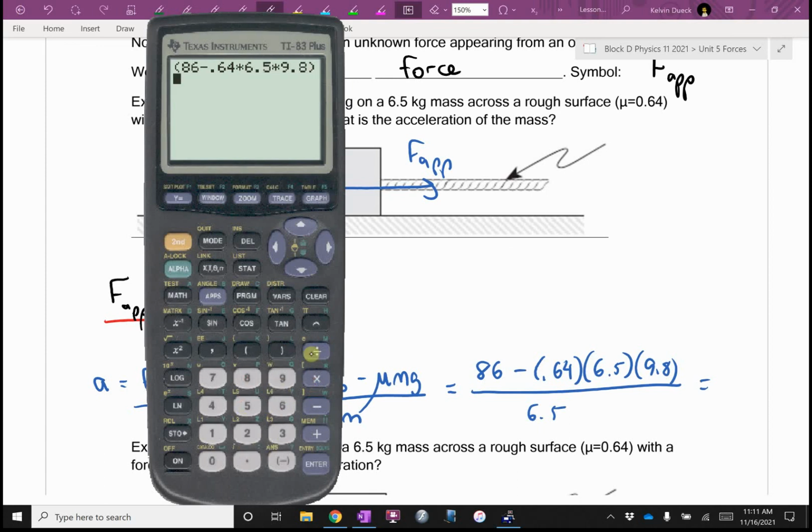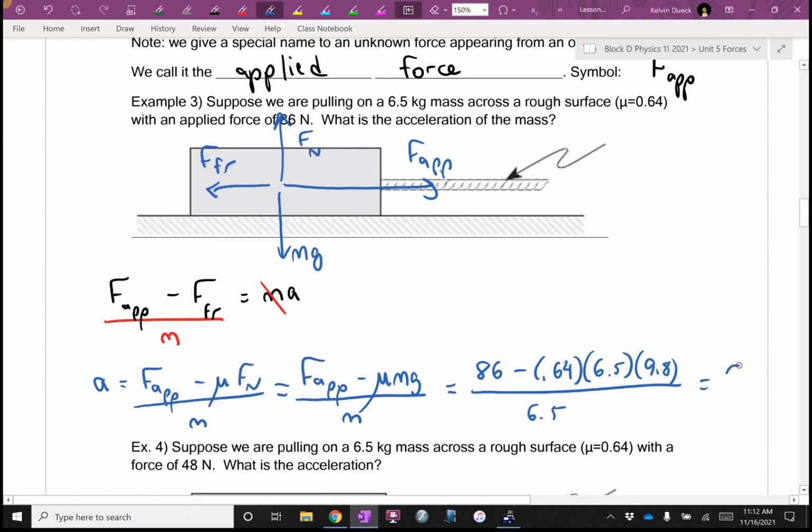Close off the top. Divided by 6.5. Is this a fraction? Is there more than one thing on the top? Brackets around the top. Yeah, 6.9. Someone said 6.95. Why would I frown at them? It's definitely 6.96, yes? We round off, we don't chop off. Running out of room here. A equals 6.96. Dan, units, it's acceleration? Good.